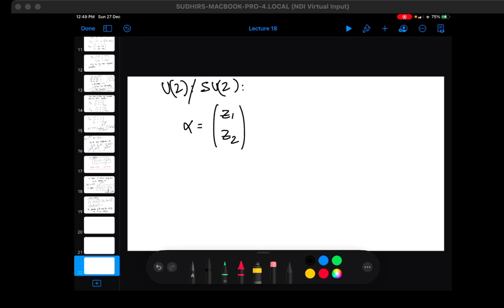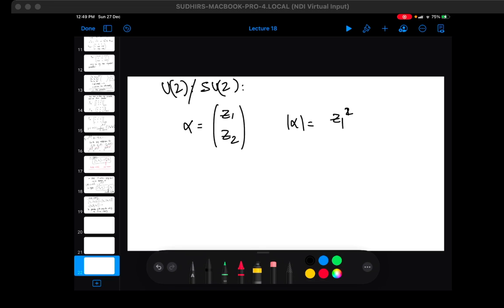Alpha is equal to Z1, Z2. Now what I need is the modulus of alpha, the length, which is essentially Z1 star Z1 plus Z2 star Z2, to be invariant.